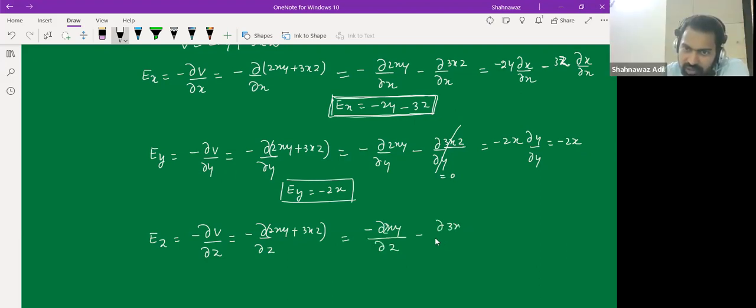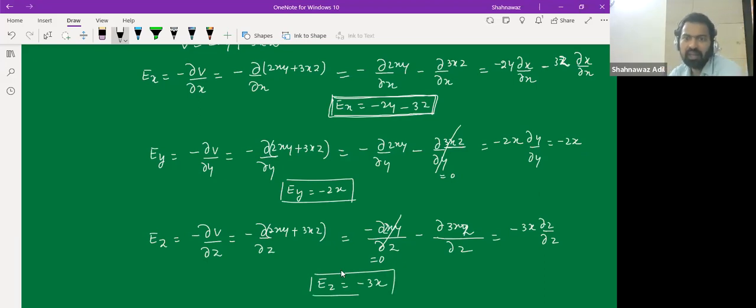The first component is 0, right? Because it is a constant. And then this is minus 3x dz by dz, so Ez is minus 3x. So this is x, this is y, and this is z.